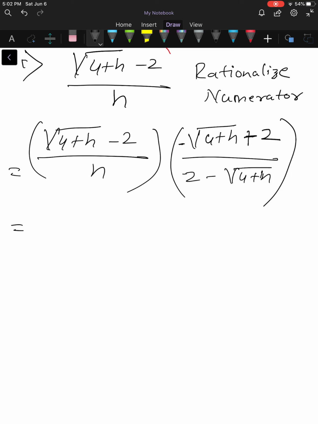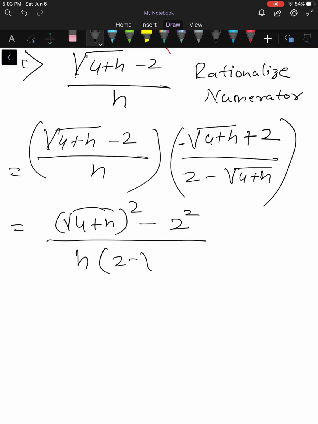So the above expression will give us 2 minus square root of 4 plus h and the square root of 4 plus h minus 2. So applying the formula of a minus b times a plus b, we get the square root of 4 plus h, the whole square, minus 2 squared, which is 4.